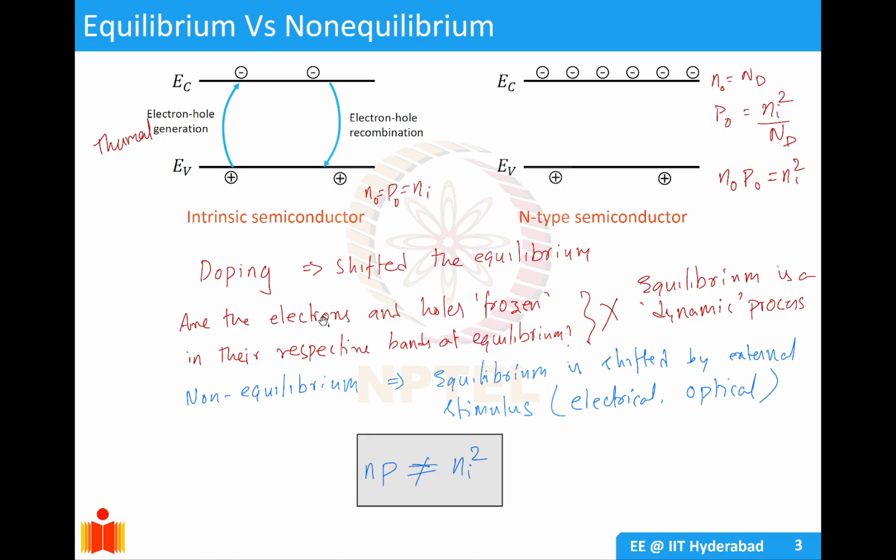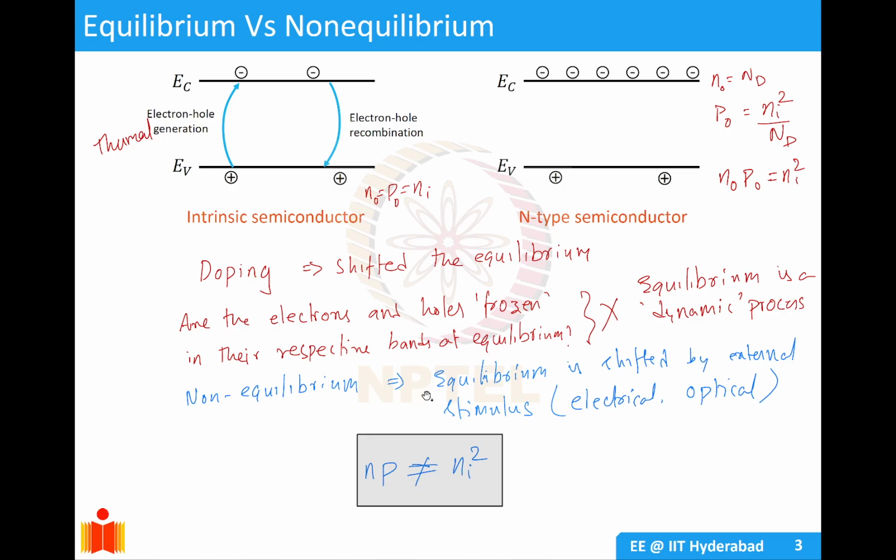Are the electrons and holes frozen in their respective bands at equilibrium? That is not true. It's a dynamic process. There is thermal generation and recombination going on, but at the same rate. So they're not frozen, they are constantly changing, but the overall concentration is not changing.